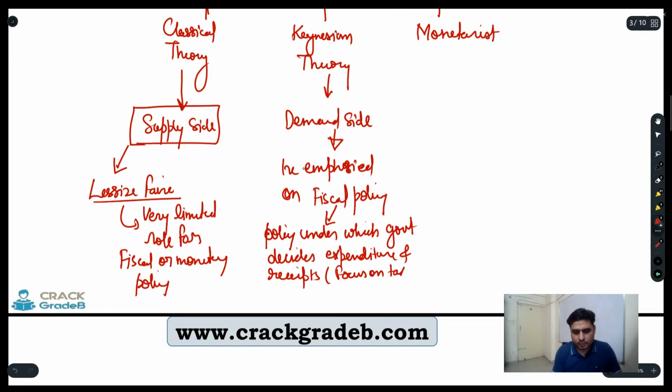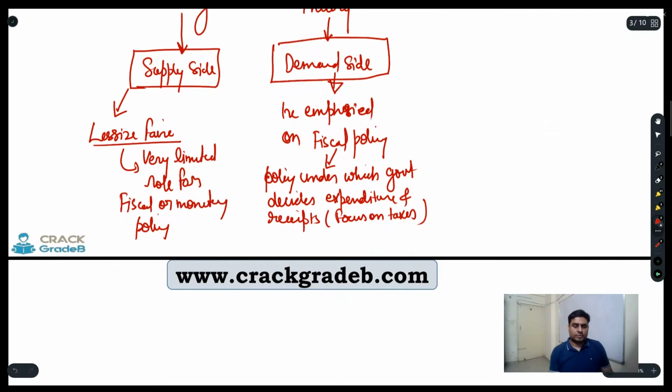Focus on taxes. So he emphasized fiscal policy and undermined the role of monetary policy. So Keynes also undermined the role of monetary policy because he emphasized fiscal policy.